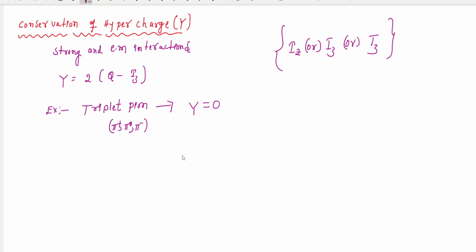Next, this one is very important in our examinations, CSIR and GATE.